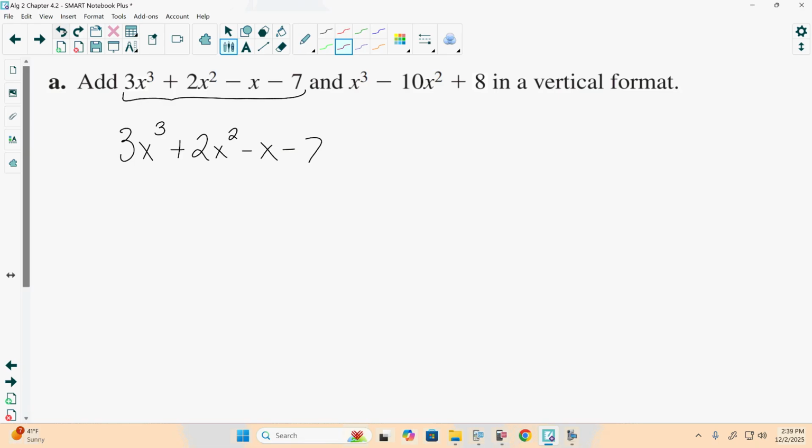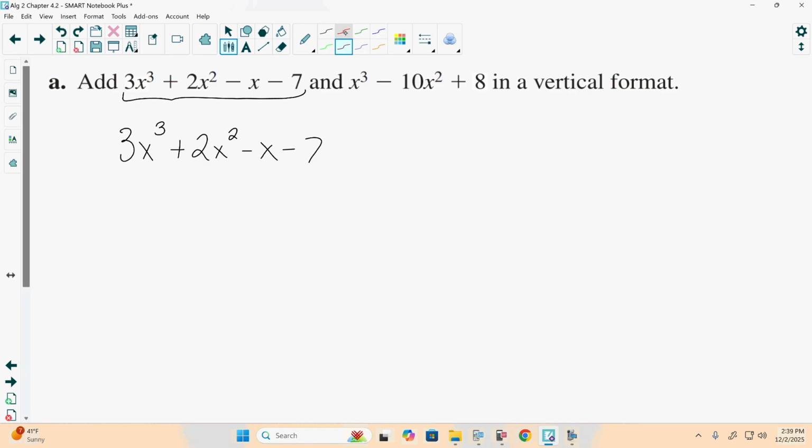Or if there is a term missing, we'd fill it in as 0 times that term. The main way we would know if a term is missing is we look at our variable at the biggest exponent. So x cubed is the variable at the biggest exponent, so we would need an x cubed term, x squared, x, constant term. We need every term following it. Here we have them all.